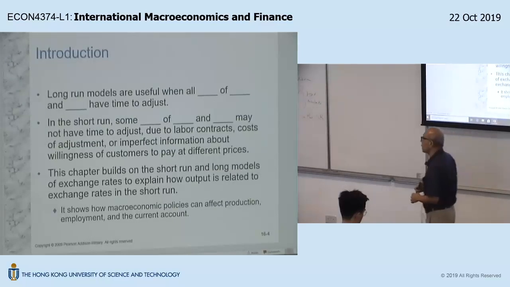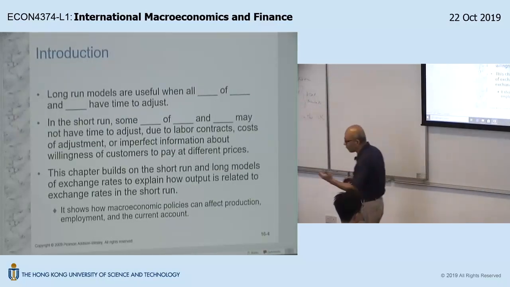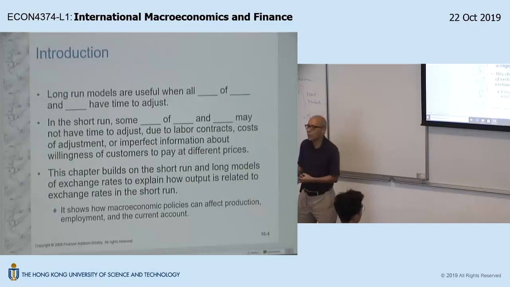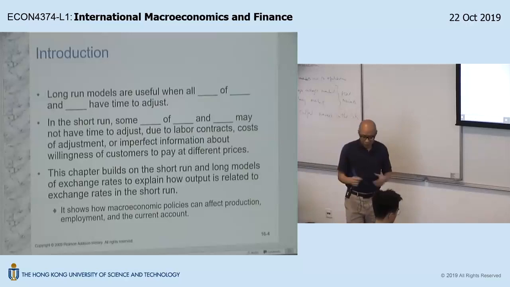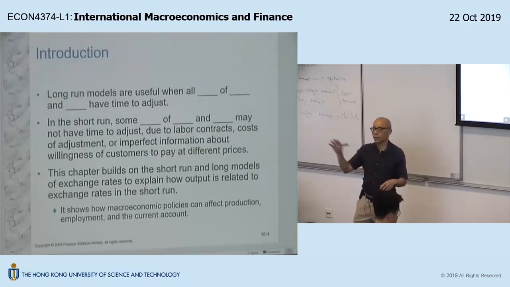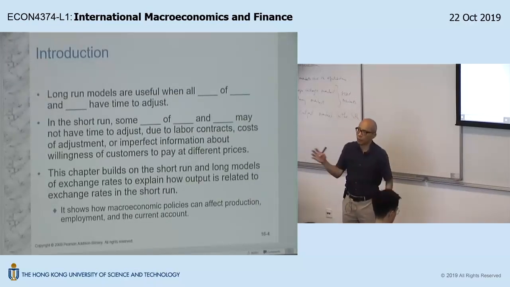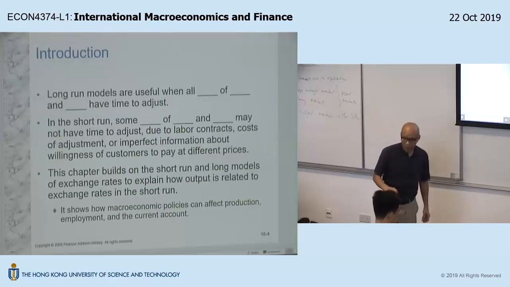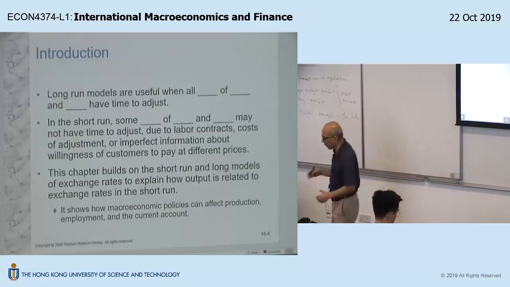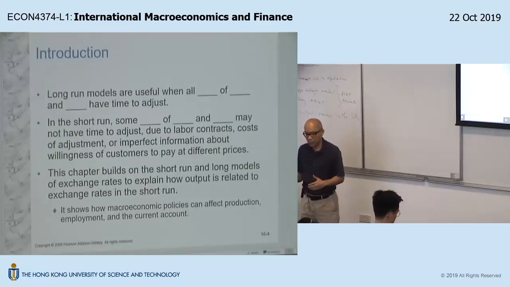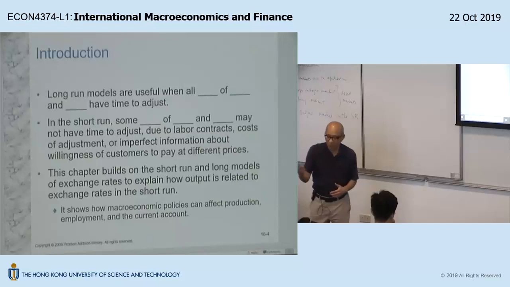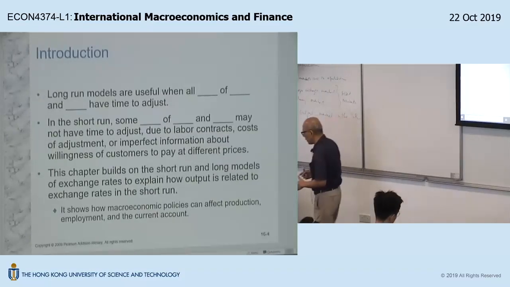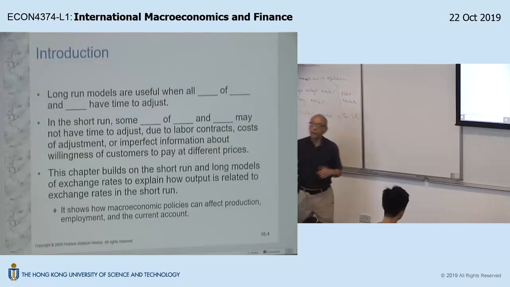Imperfect information. If you still remember your closed economy macro, there is a whole theory about asymmetric information, how asymmetric information may affect price, may affect how firms determine whether or not they want to raise the price of their good. Sometimes firms don't know.